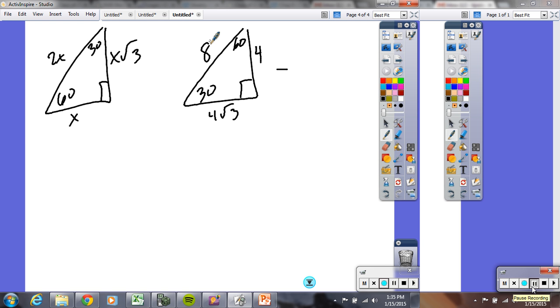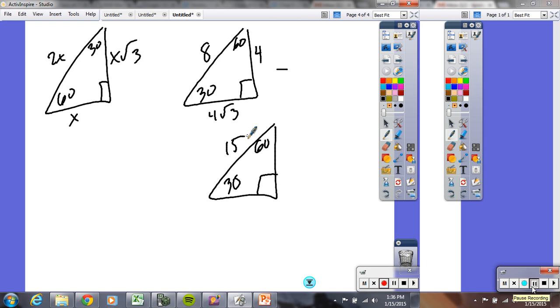Then I could have a problem that looks like this. Don't even use the machine. What is that 15 equivalent to? It's equal to the 2x. So therefore, x is 15 divided by 2, right?